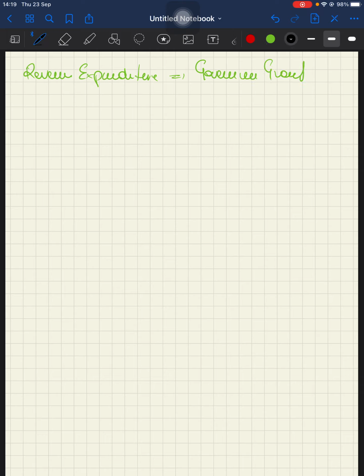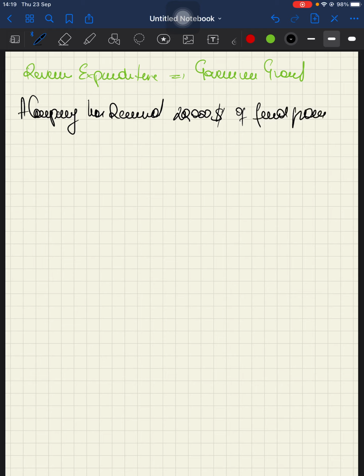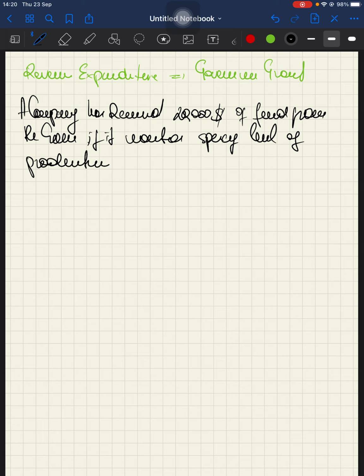Let's assume that a company has received $20,000 of funds from the government if it maintains a specific level of production, let's say it's agricultural, I'm just writing it for example purposes, consecutively for 4 years. Okay, let's assume that we have received this amount.